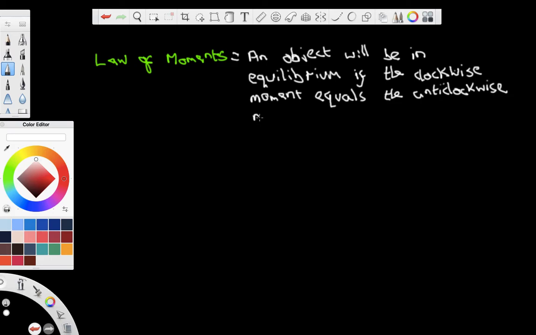If that's a bit difficult to read, I'll read it out again. An object will be in equilibrium if the clockwise moment equals the anti-clockwise moment.